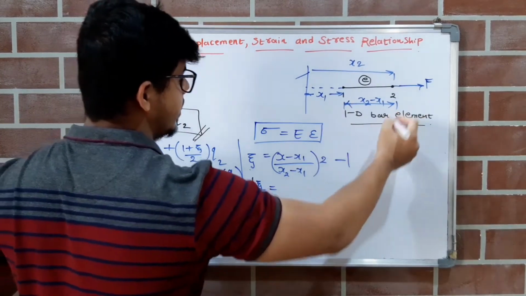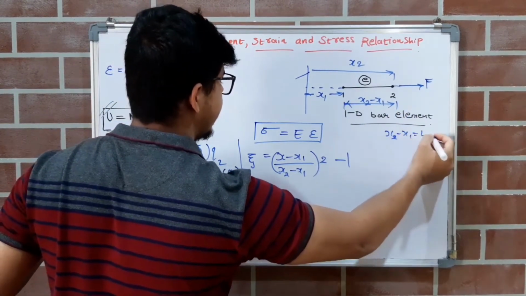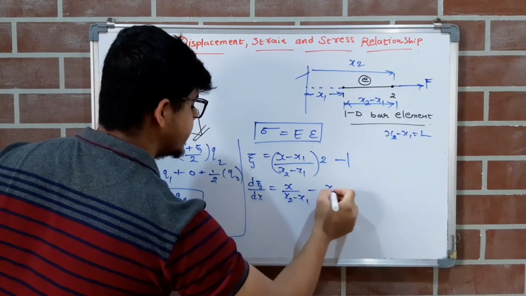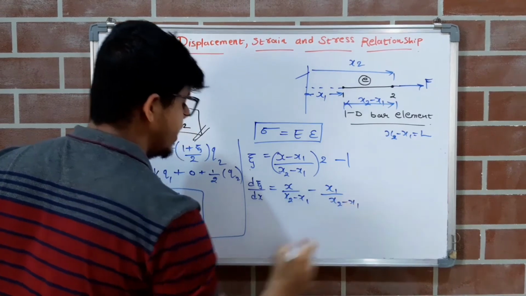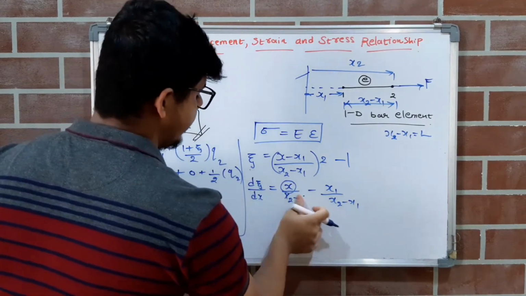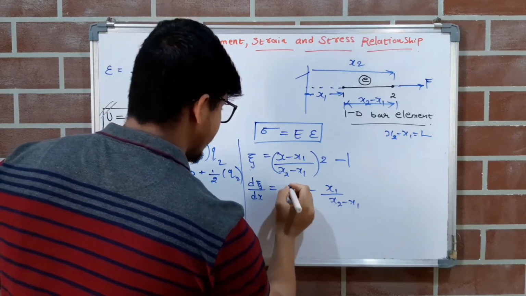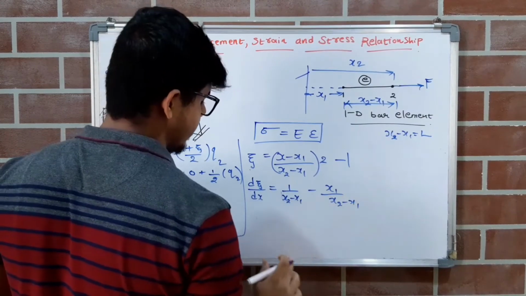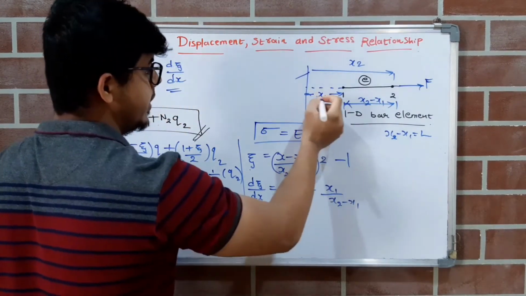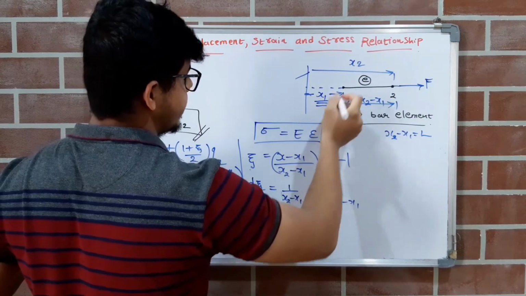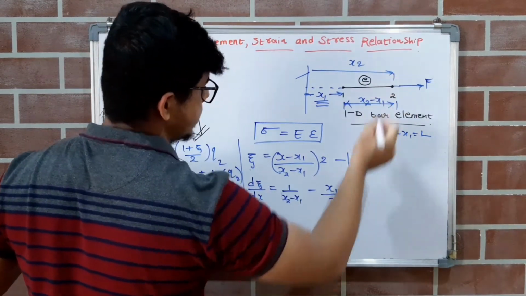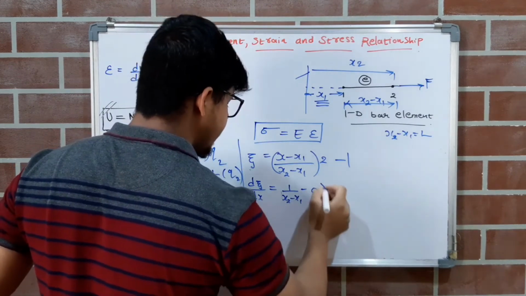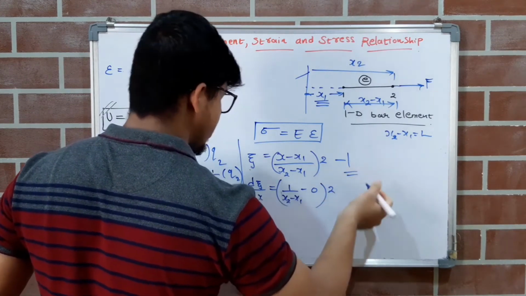Now what is x2 minus x1? x2 minus x1 is the length of our element L. This x is variable, so in differentiation we will have 1 upon (x2 minus x1), and the other term is constant, because x1 is a fixed distance and x2 is also a fixed distance. So that becomes 0 into 2, and this 1 is also constant, so 0.